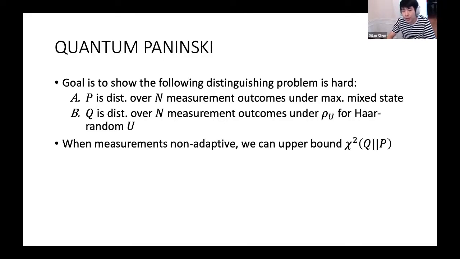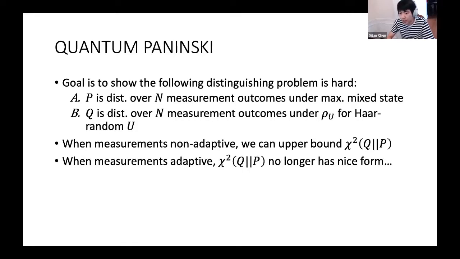Okay, so in the case where you're using non-adaptive unentangled measurements, you can think of A as really just being some kind of product measure, and B being a mixture of product measures, where the mixture is parametrized by the unitary group. In this case, it turns out it's not that hard to adapt classical techniques to give a fairly clean upper bound on the chi-squared between the alternative hypothesis and the null hypothesis.